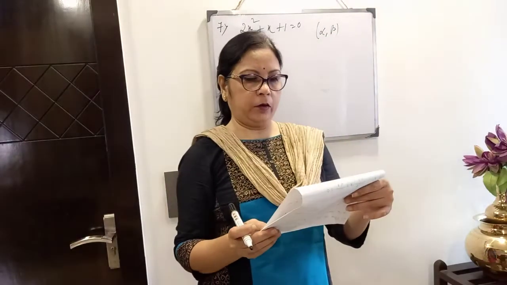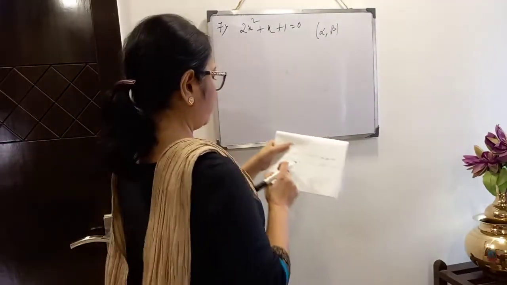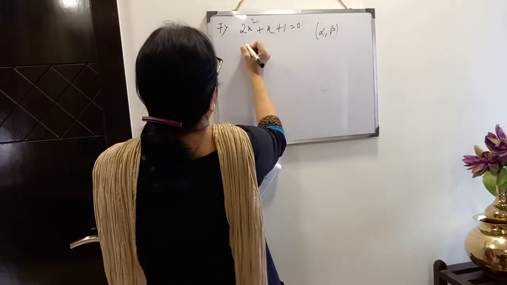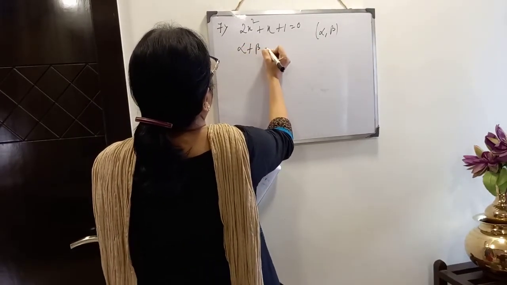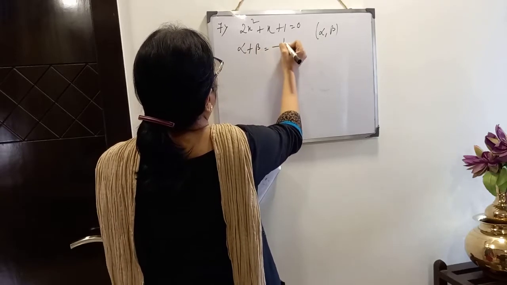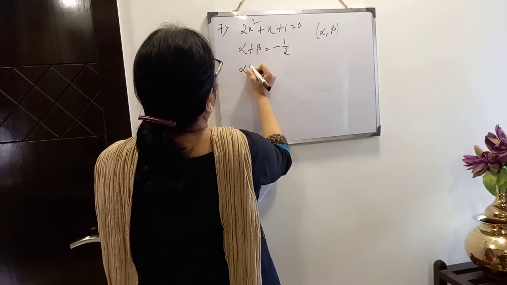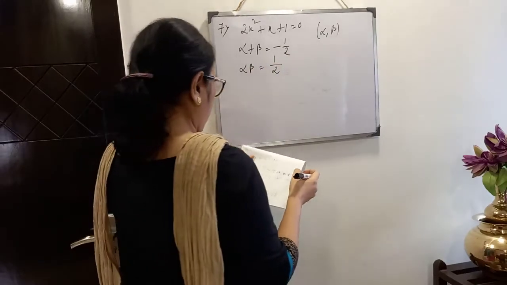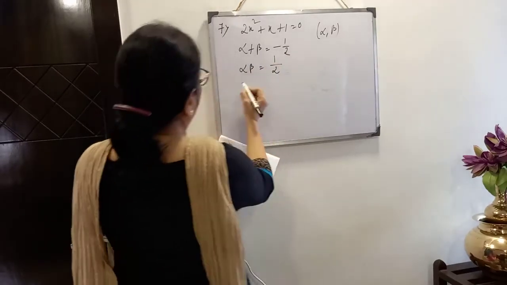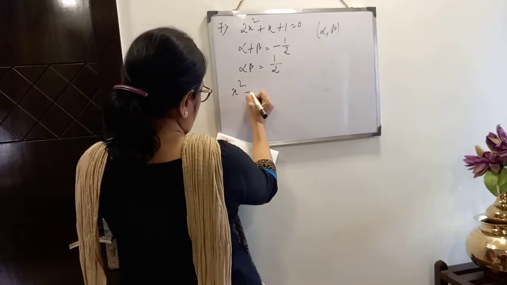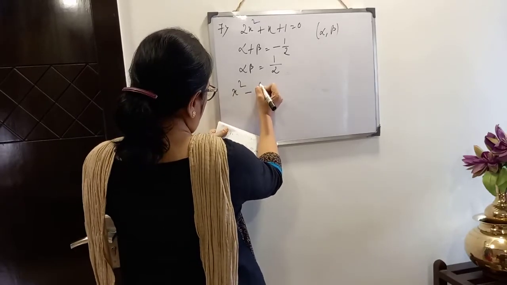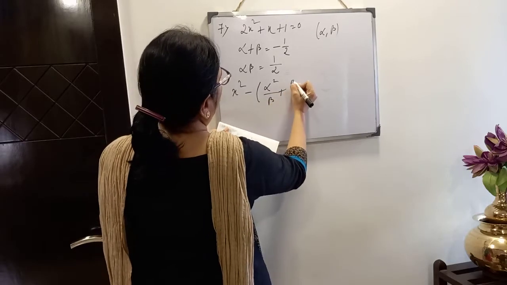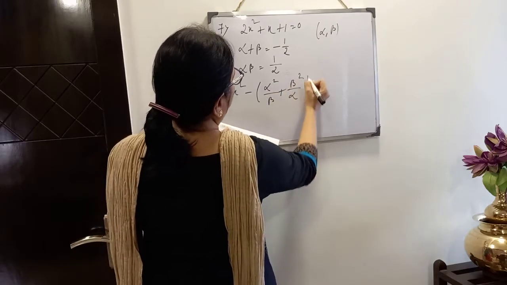Then find an equation whose roots are alpha square by beta and beta square by alpha. Okay. From here first, alpha plus beta equals to minus b by a means this, and alpha beta c by a means this. Clear? And the equation whose roots are alpha square by beta and beta square by alpha.